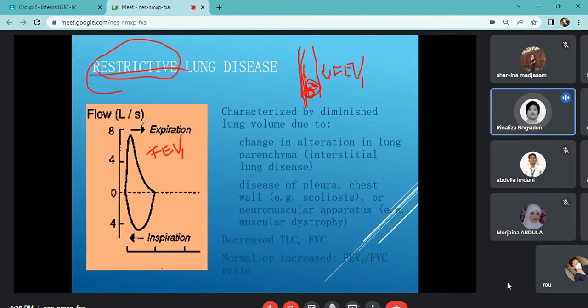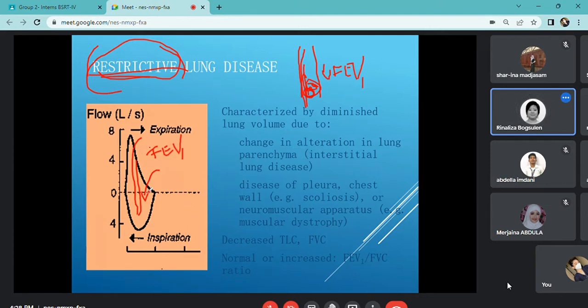There is either something restricting the lungs to expand, or the thoracic cage is also restricting the lungs to expand. So may pumipigil. So ngayon, when the patient will maximally inhale and then will exhale maximally, kung ano yung pinasok mo, yun din yung ilalabas mo. You cannot exhale something that you did not inhale.